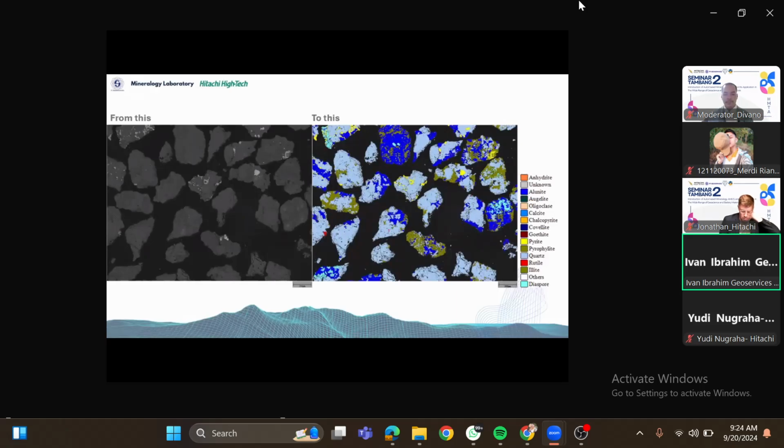Nah, jadi automated mineralogy system ini kita tembak X-ray dan masing-masing mineral itu punya typical X-ray, spektrum masing-masing yang kita compare ke database dari AMICS sendiri. Dan ini adalah hasil false color yang mineral-mineralnya sudah ditentukan. Oke, boleh next.